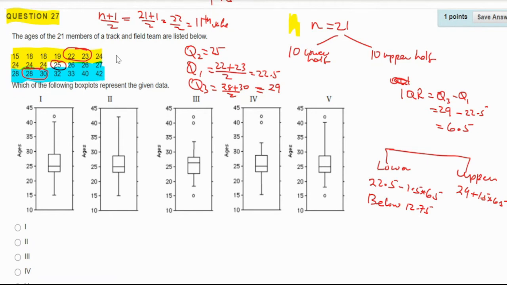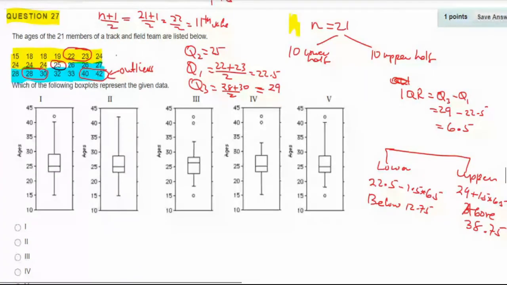That's 38.75. So anything above 38.75. So let's look at the data. It looks like these two numbers are outliers, right? They are outliers.